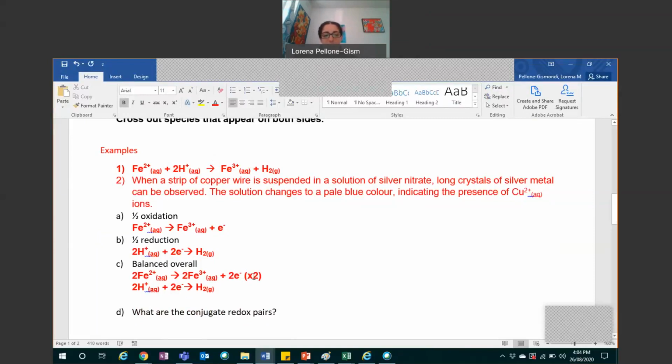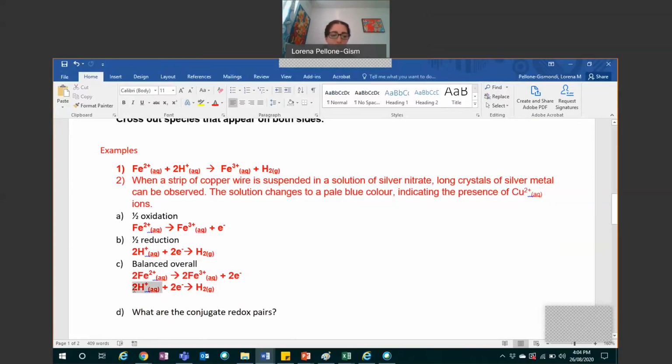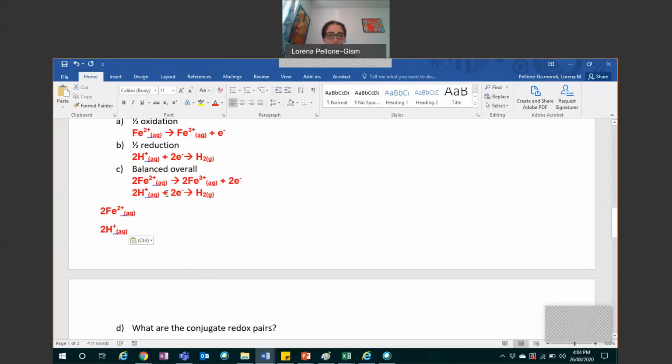Here you go. And then you're simply adding them together. So it's literally the top plus the bottom. And the way you add those together is you just put all of the reactants on one side. So I'm going to just copy and paste those reactants here. And then you put all of the products on the other side. So I'm going to do that.